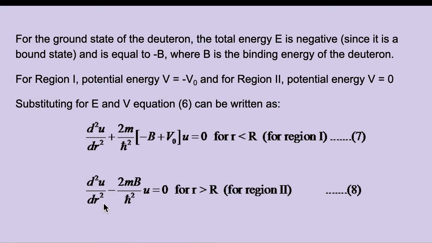And d square U by dr square, actually it is 2m by h cross square. Here you have the outside region, where E is equal to minus B and V is equal to 0. So we are taking that minus sign here. So it is minus 2mB by h cross square U equal to 0 for the second region.